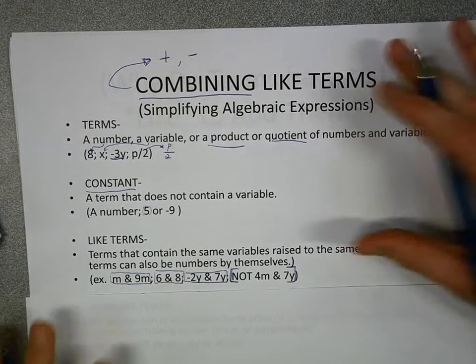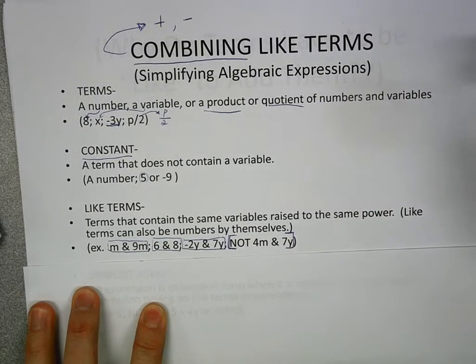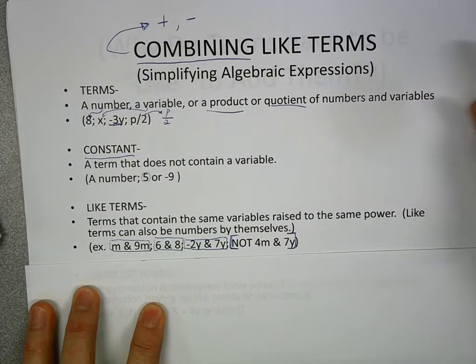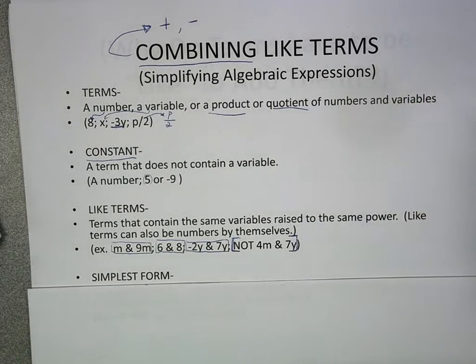Now, one more vocab word. And this one you guys have seen before in directions, but I want to explain what it means in this lesson or in this chapter. Here we go. The phrase is simplest form. Everyone? Simplest form. So what does it mean when you're talking about expressions? What does it mean to be in simplest form? Okay, here it is.